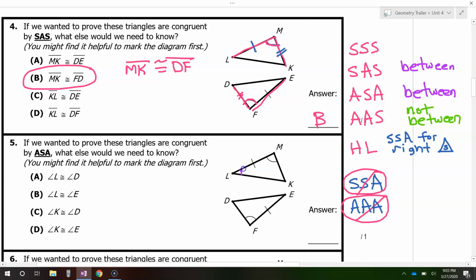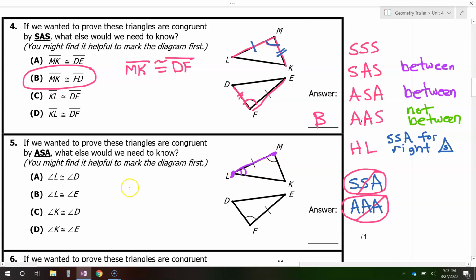We'll choose angle L because that makes the side that's marked between the two angles. And that's what we need for angle, side, angle. The side has to be between the two angles.